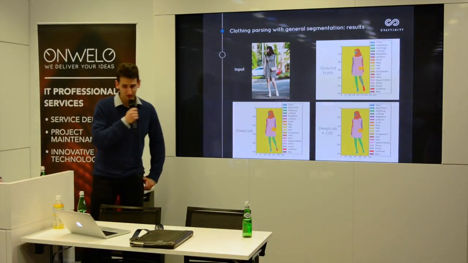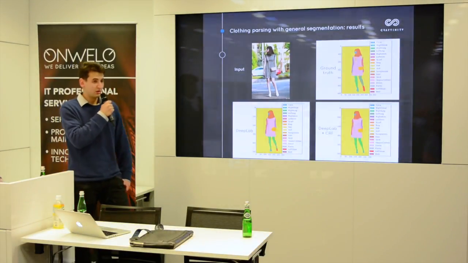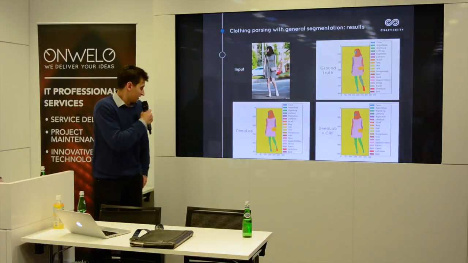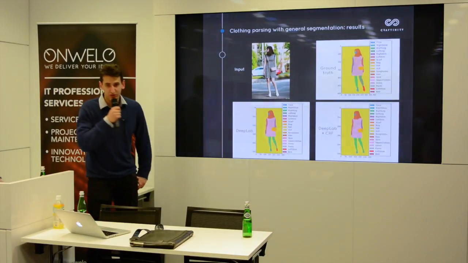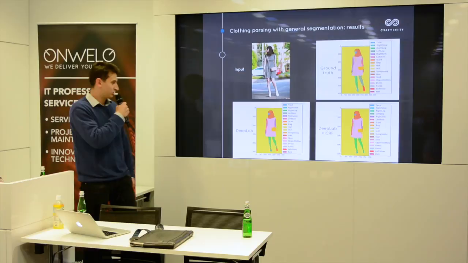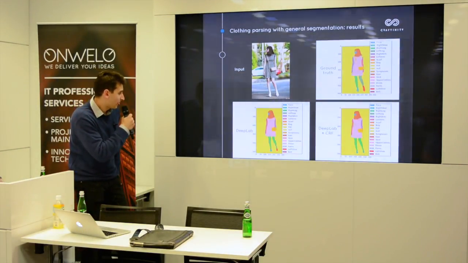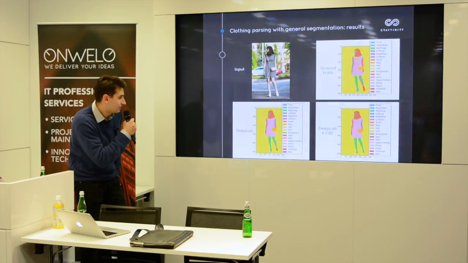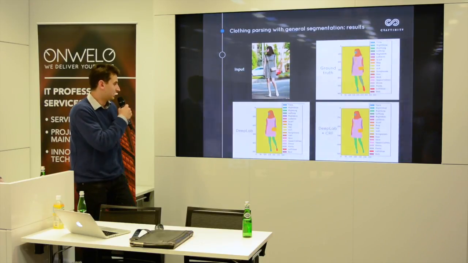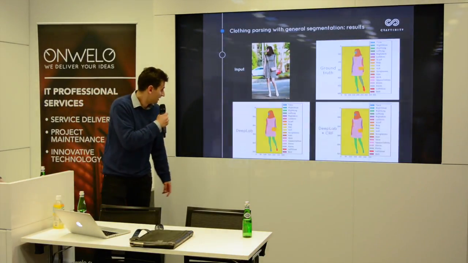And as you can see, this model performs quite well on this image. But when it comes to differences between the model with and without CRF, we can see that CRF gives us masks which are a little bit sharpened compared to the standard Deeplab model.